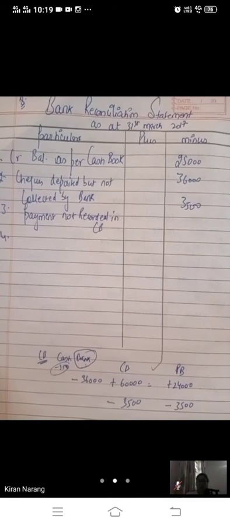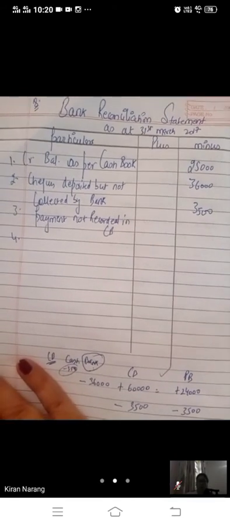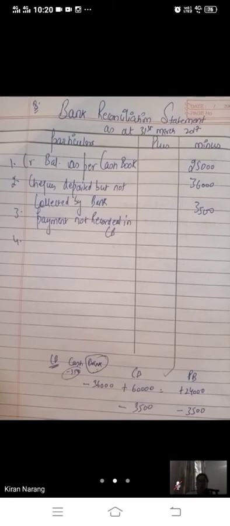Fourth one, bachche: a check of rupees 10,000 issued on 22nd March was not presented for payment, whereas it was recorded twice in the cash book. By mistake we have subtracted 10,000 two times.